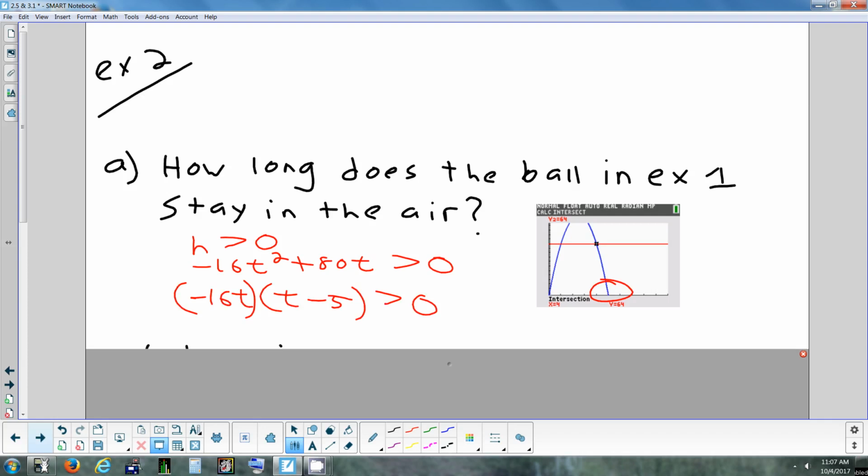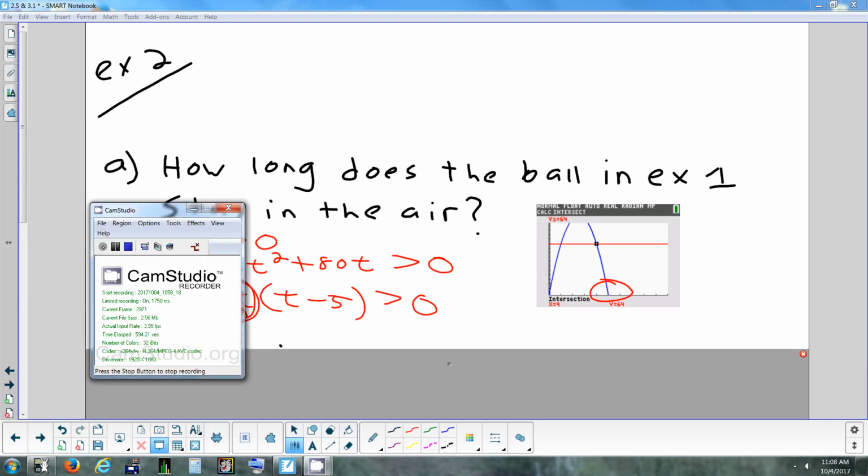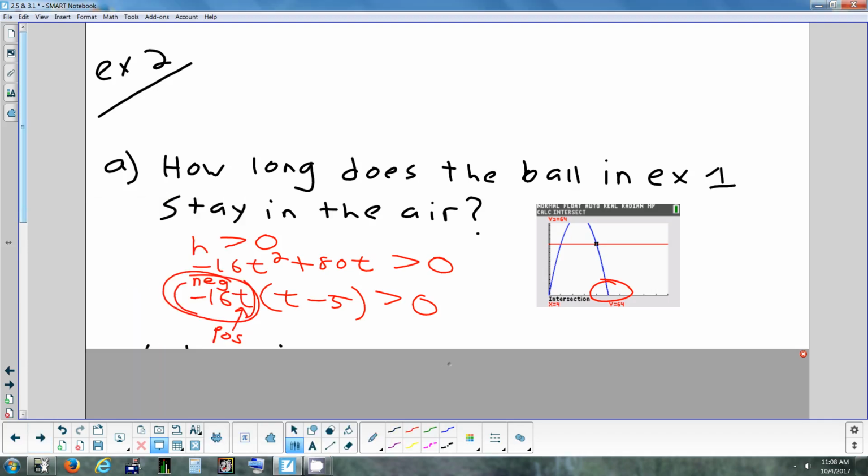So the t is always positive. Now, if you plug in a number that's always positive times negative 16, what is this whole thing going to come out to? Negative. This thing is always going to be negative. All right? Any questions on why what I just circled is always going to be negative?